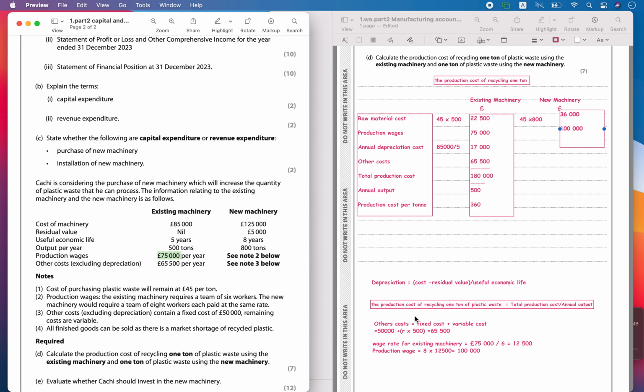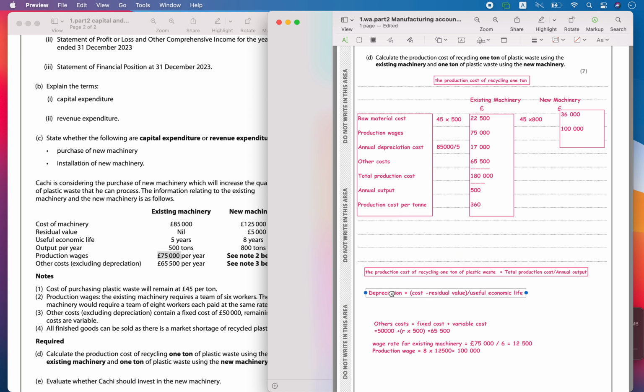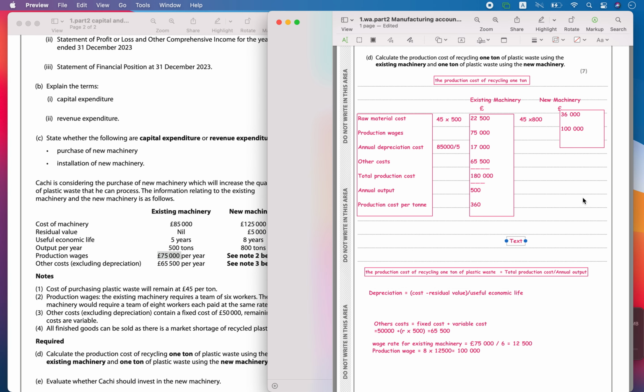Then we have the depreciation cost. I've already mentioned the formula for depreciation cost. The depreciation cost we calculated was cost minus residual divided by useful economic life. Here it will be 125,000 minus 5,000 divided by 8 years.